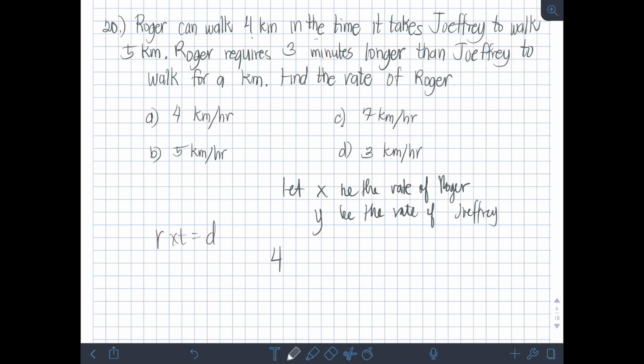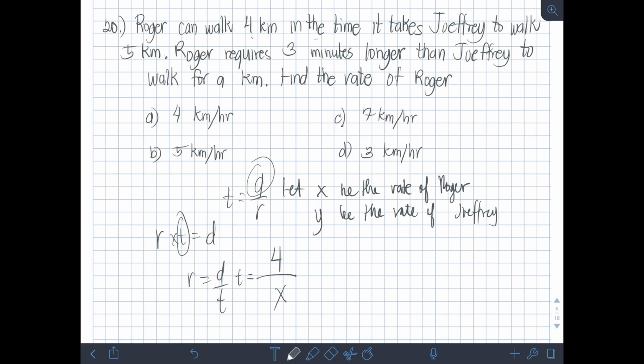So, therefore, pareho ng time si Roger tsaka si Geoffrey dun sa distance na 4 km at 5 km. So, for Roger, yung rate niya, bali, rate is d over time, or t is equal to d over r, right? So, pwede nating i-substitute dito yung d ni Roger na 4 over yung rate niya na unknown, which is x. So, equal yun sa time t.